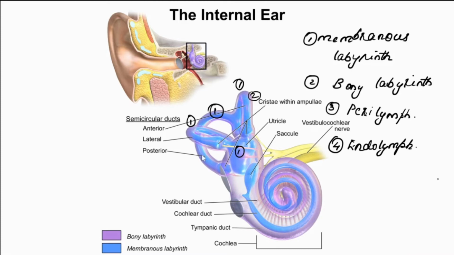So, the membranous labyrinth consists of two parts called the vestibular apparatus and the cochlea. We are going to learn about the vestibular apparatus.